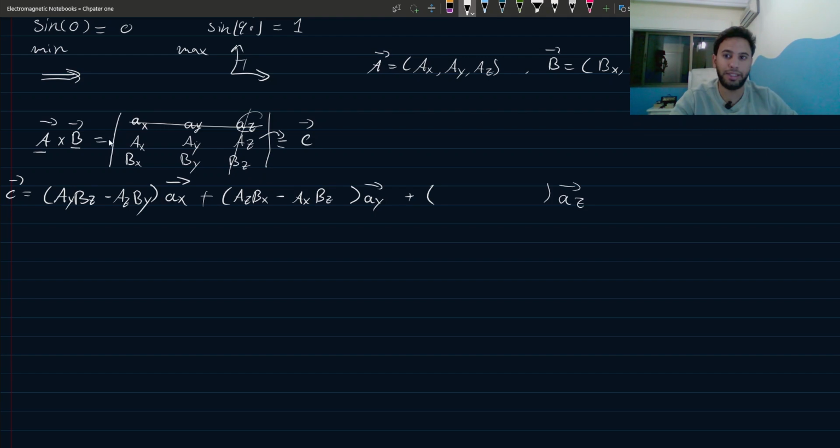In this case it is ax, comes back here, and then you write ax multiplied by the diagonal component, which is by, minus ay cross bx. And that is the answer. That's how you cross multiply two vectors by each other.